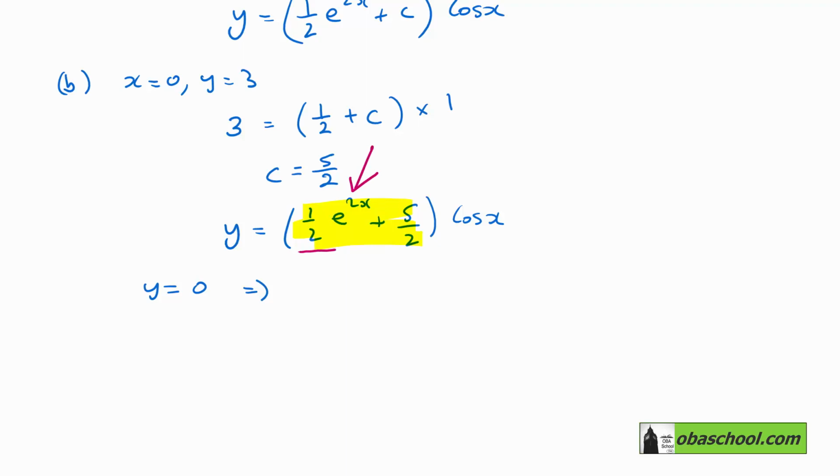So half e^(2x) + 5/2 must always be positive. And therefore, cos x must be equal to 0, and x is equal to pi by 2 is the first positive value of x for which cos x is 0.